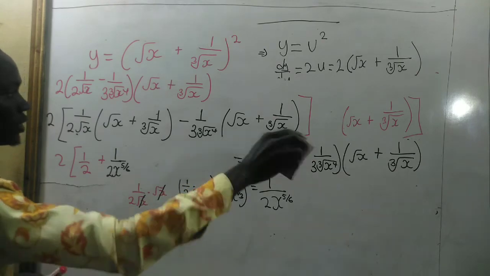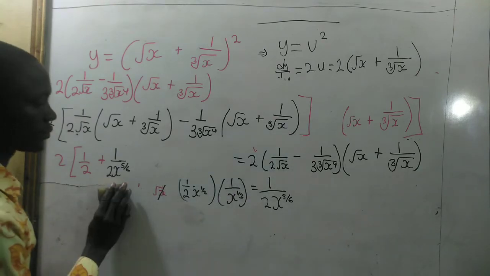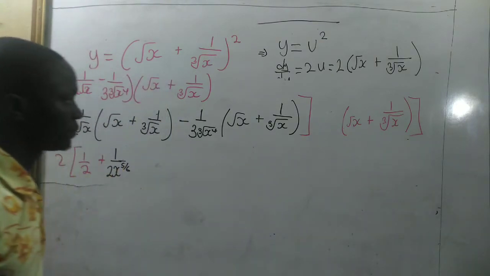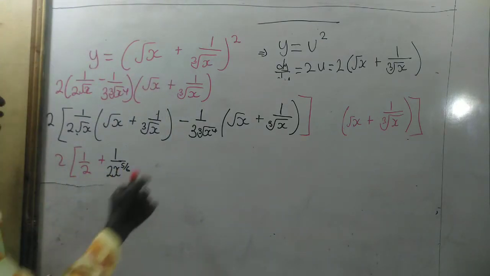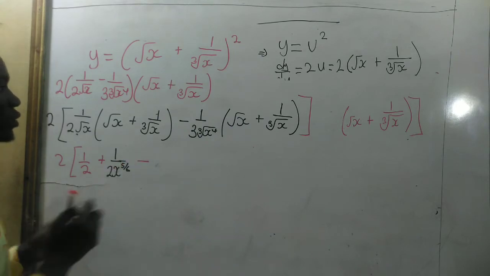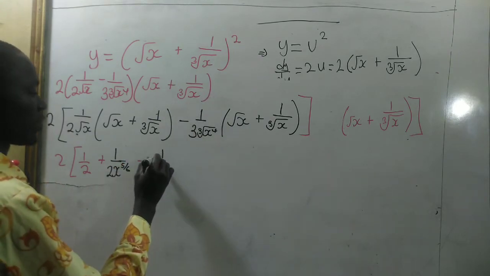So let's continue to this side. So here too, we are going to have negative times positive is negative. So this 1 on 3 will come here. You have 1 on 3.